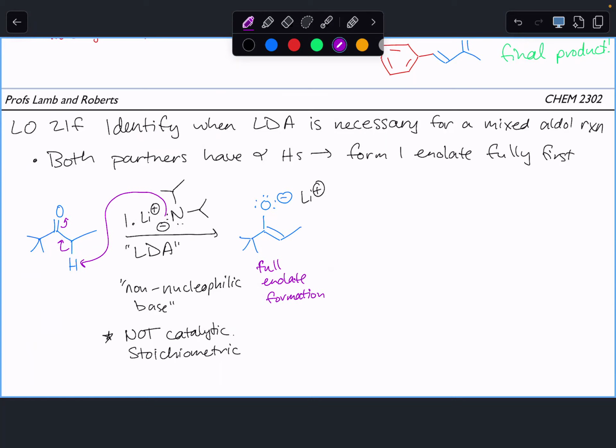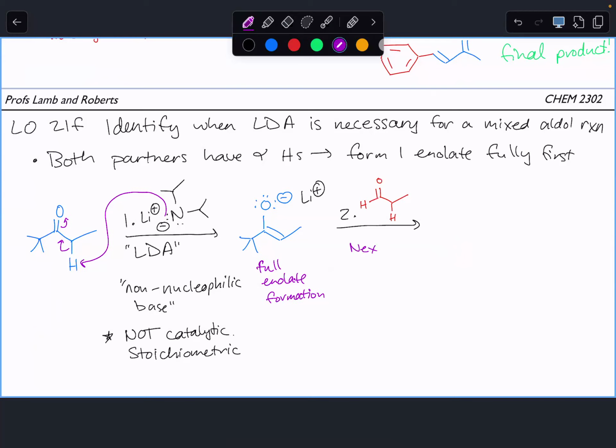Then, once you have fully formed that enolate, now we can introduce the electrophile that we want to add in. So this is a second step. You then add in your electrophile. This electrophile also has alpha protons. So if it had been present from the beginning, it would have formed an enolate as well.